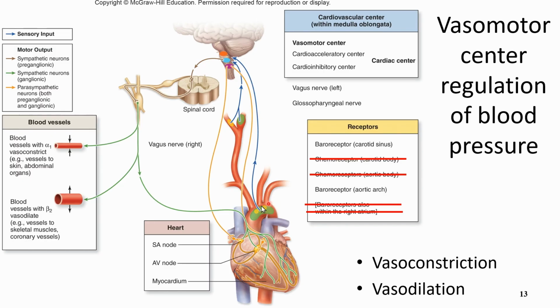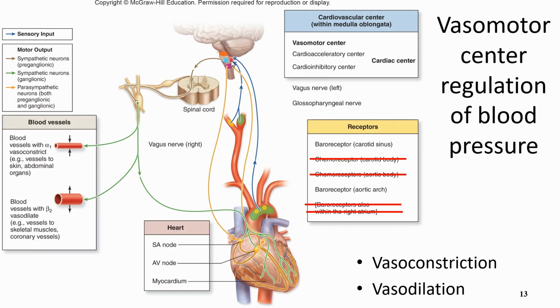When the rate of firing of the pressure receptors in that aortic arch is high, that happens when the blood pressure inside it is high. And so when the cardiovascular center gets more impulses per second, it says, oh, blood pressure is high.